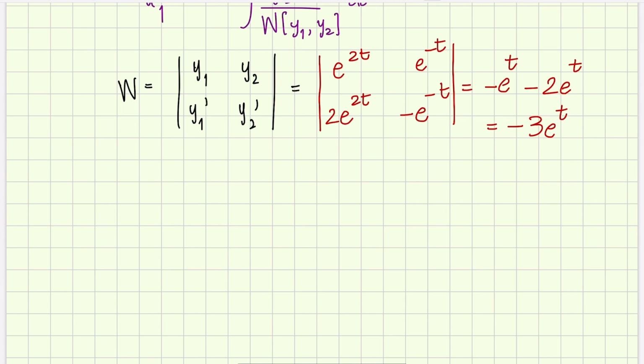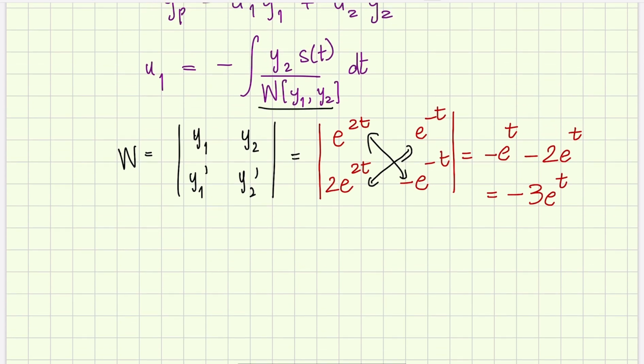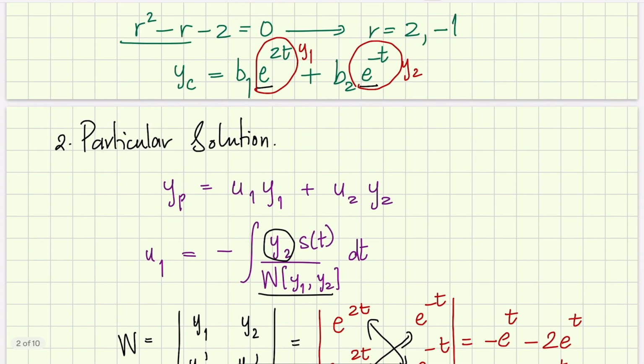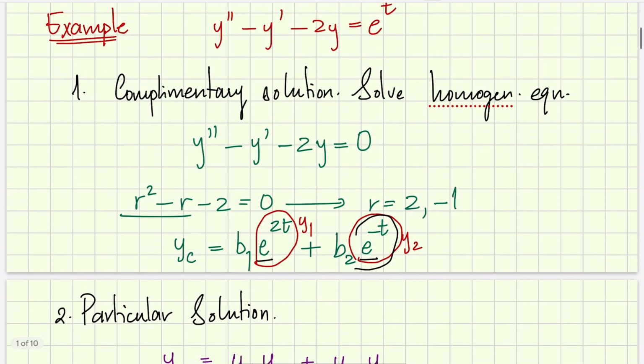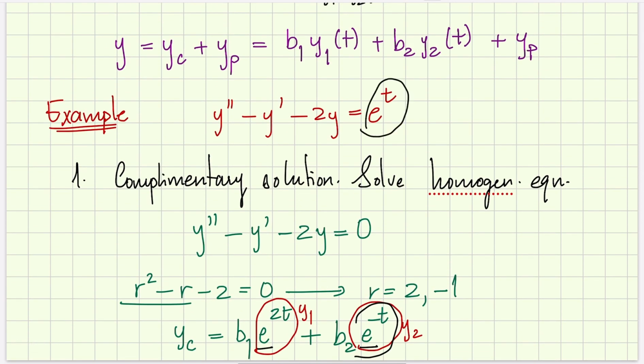Simply as you find any other determinant, you cross diagonally, you multiply, and you subtract. We have our Wronskian for this. We have our y2 right here, and s of t is given in our question.